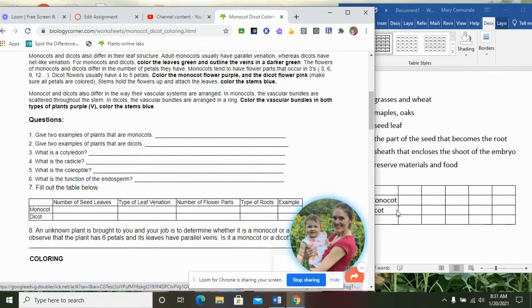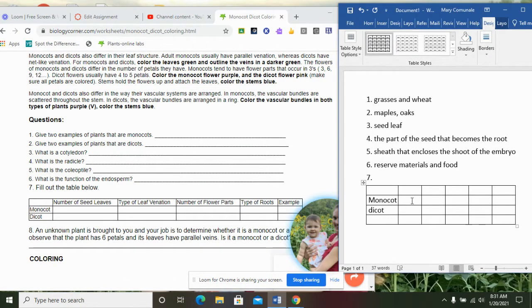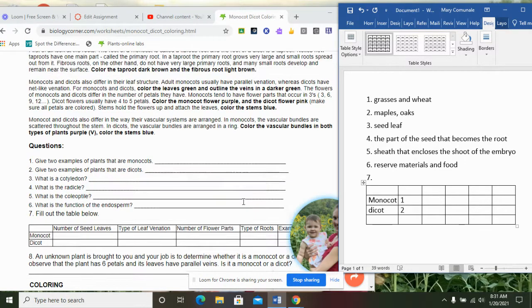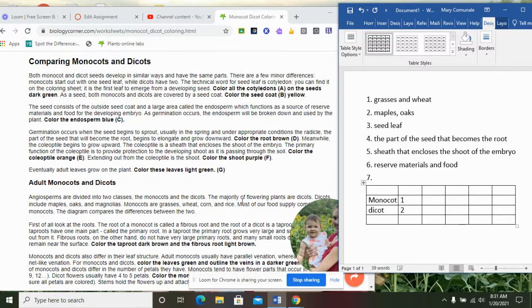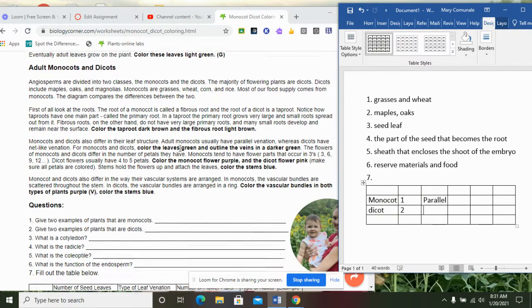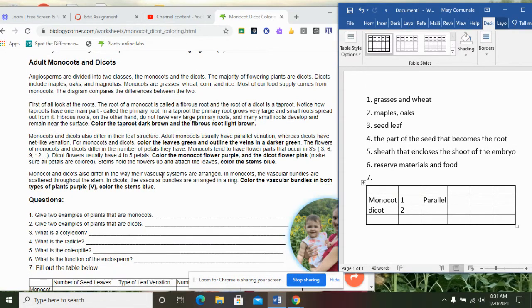Okay, so number of seed leaves for a monocot. Mono means 1, di means 2. Next, we have type of venation. So if we're looking at the veins, monocots are parallel, and dicots, looking in the wrong section, should be down here. Dicots have a net-like.